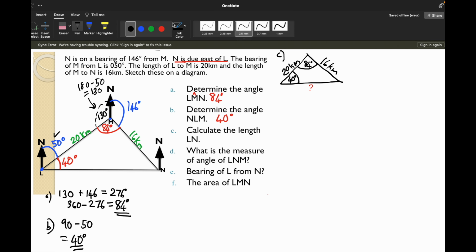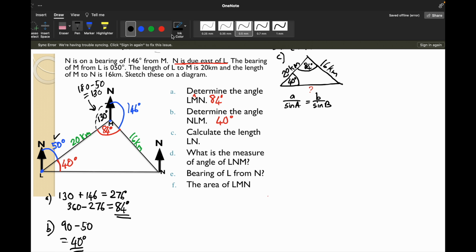Now, if I'm using sine rule, which is A over sine A equal B over sine B, right? So what we're going to do now, we're going to say A is 16 because we have that, and this is going to be capital A. Then here is going to be B, and this is going to be capital B. So then we're going to have 16 over sine 40, which is equal to, we don't know what that is yet, B over sine 84, okay?